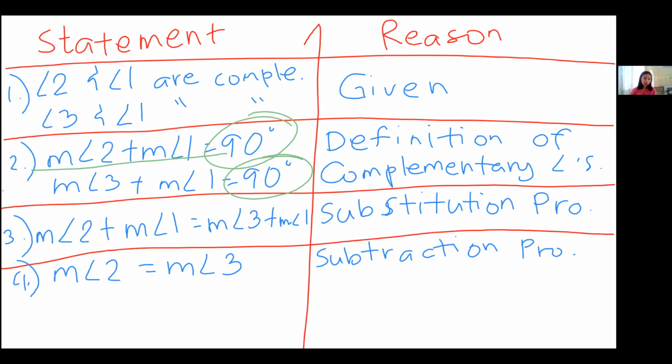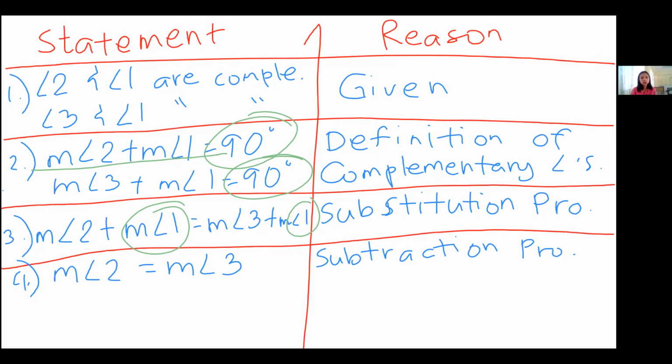Subtraction property. Okay? Ayan po. Kasi, 'di ba po, meron tayo ditong angle 1 sa kanila pareho. Tama? So, eliminate lang po natin 'yon. Paano sila eliminate? Syempre, we subtract angle 1 po on both sides. Okay? So, actually, kahit in my case po, hindi na ako naggaganon-ganon na mano-mano talaga.